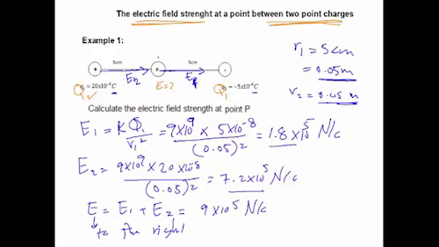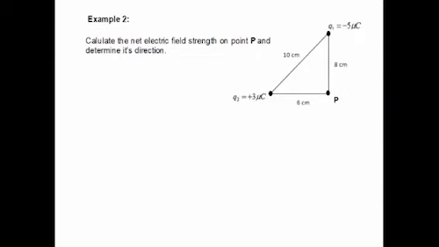Okay, now we are going to do the same, but with a point affected by two other charges, one negative and one positive. The point is not on a straight line between them; they are forming a triangle with a right angle. How do we go about it? The same thing.